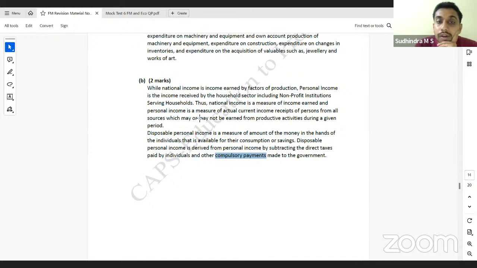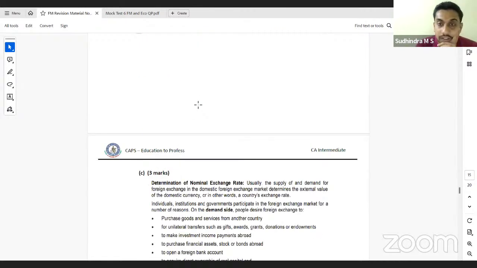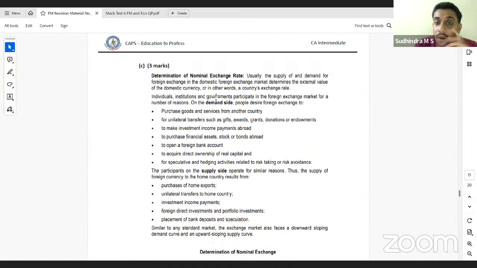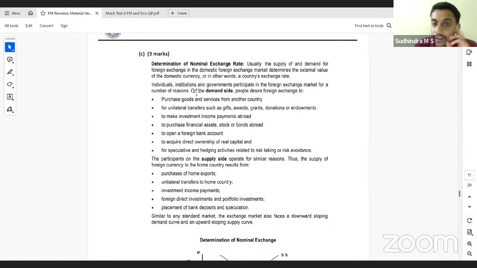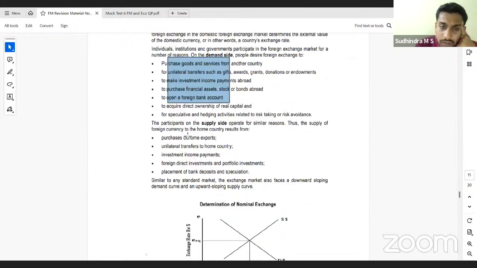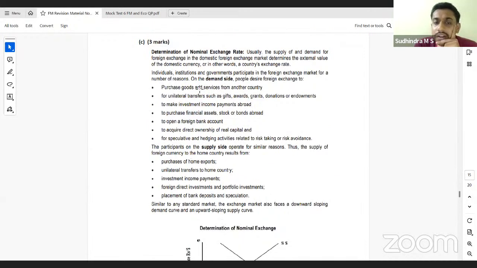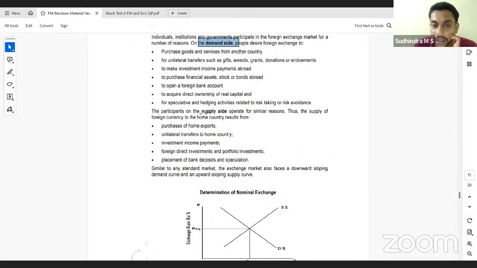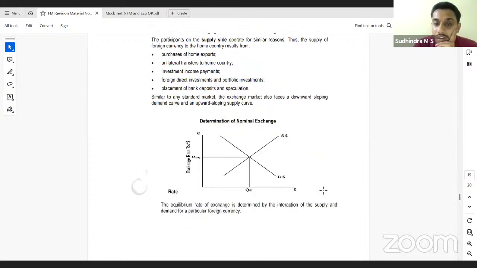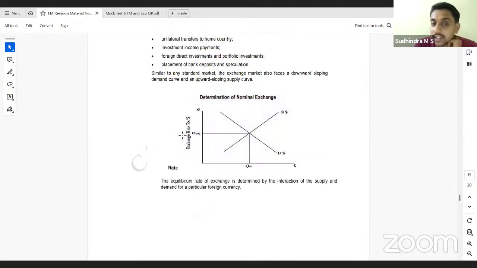Next, we have nominal exchange rate. How do you get the nominal exchange rate? First, write why there will be a difference on the demand side: why people require foreign exchange, and on the supply side why they require foreign exchange. Not all points are important there. On the demand side, if you have brought in 2 points, you'll get half mark. Supply side, 2 points, half mark. Then important is the nominal exchange rate determination, exchange rate of rupees in dollars.